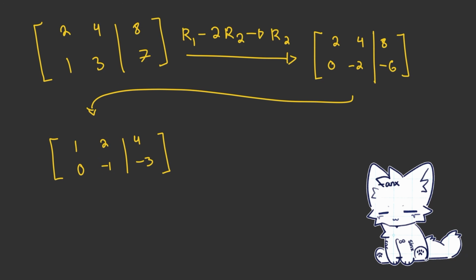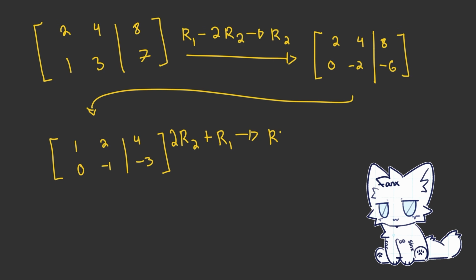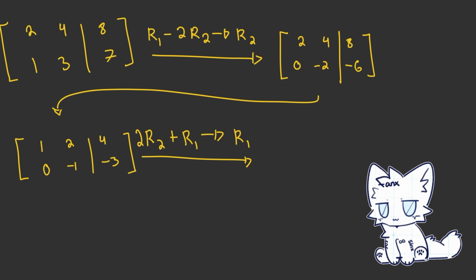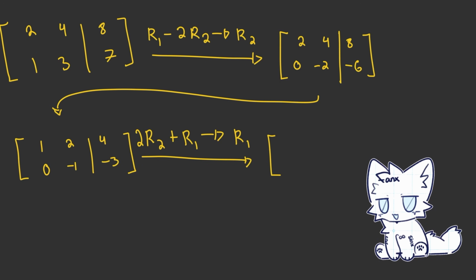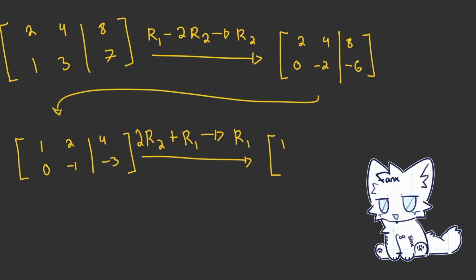So we can take row 2, multiply it by 2, and add it to row 1 to get the new row 1. Okay? So 2 times 0 is unchanging.